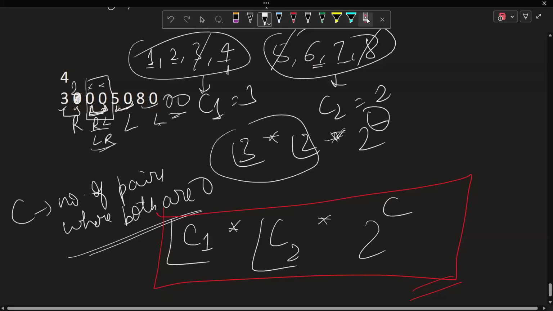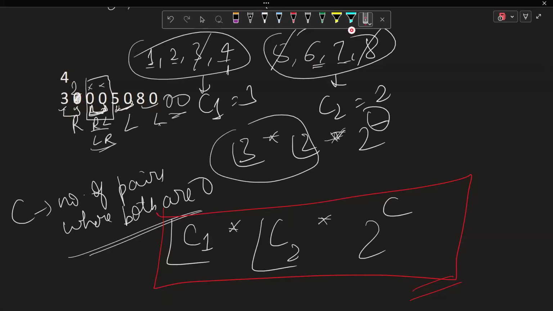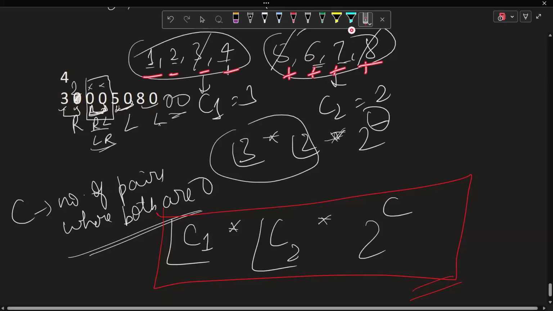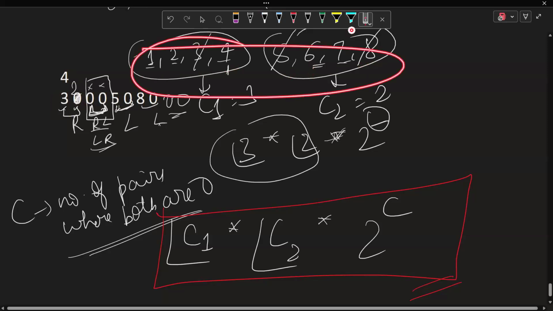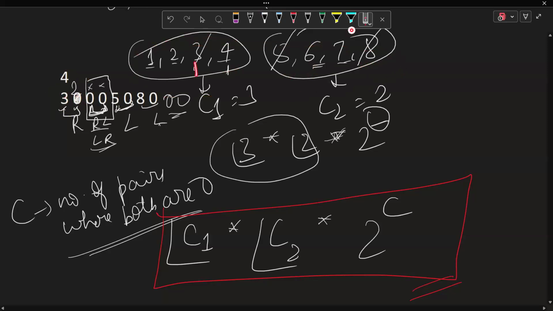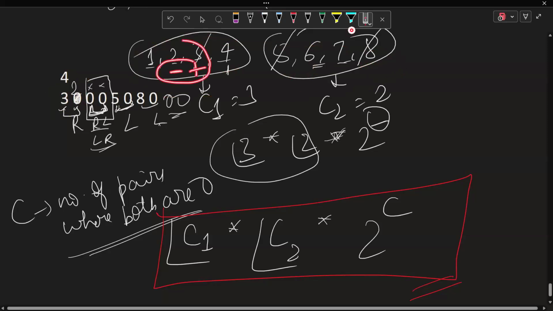So if both these elements are from the left range, it means the final maximum value that we were trying to get, where everything from the right range is positive and left range is negative, we cannot do now, because if this 3, 2 is given, that means this is fixed: this 3 would get a plus sign and this 2 would get a minus sign. This is fixed.